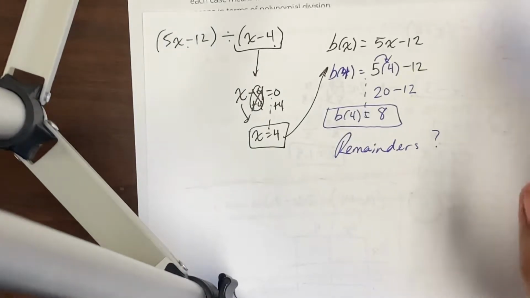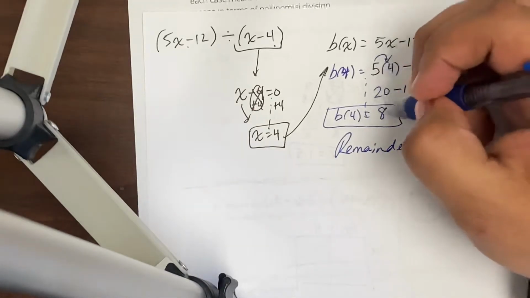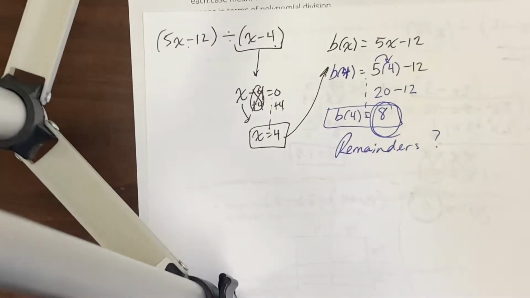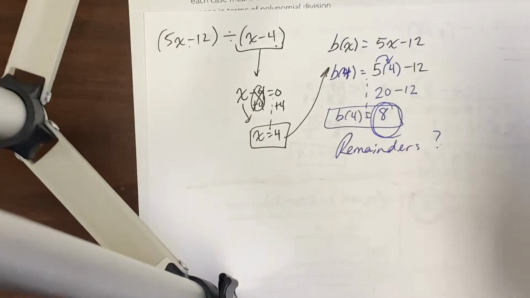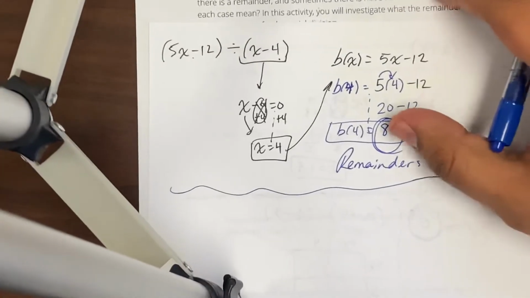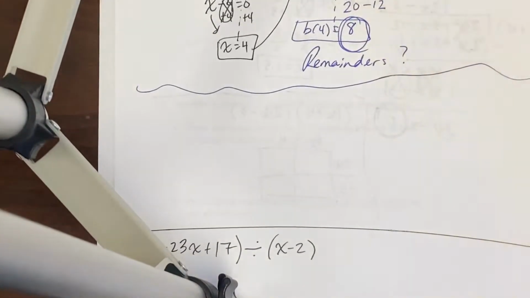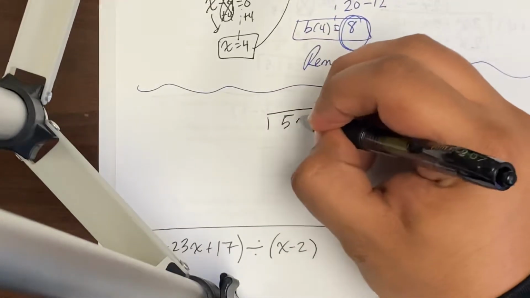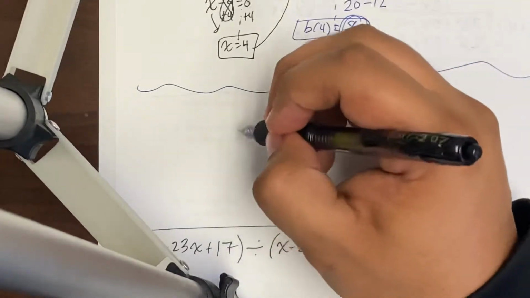I think we do need to do long division because this is our remainder, but we need to know what the quotient is. Yeah. So I thought I was going to create a shortcut for us, and I did it. So we do need to do long division. My fault, no worries. But we found out that 8 is our remainder, so let's make sure long division shows that 8 is our remainder. Okay, here we go, real fast. Thought we were going to be able to escape long division.